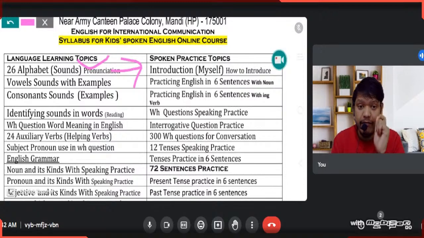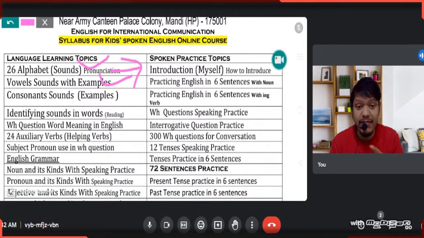When we talk about learning English systematically, any language begins from its alphabet. The 26 letters make 46 sounds, the sounds of the letters, which are very important, with examples. For example, vowel sounds and consonant sounds; 5 vowels giving 22 sounds.